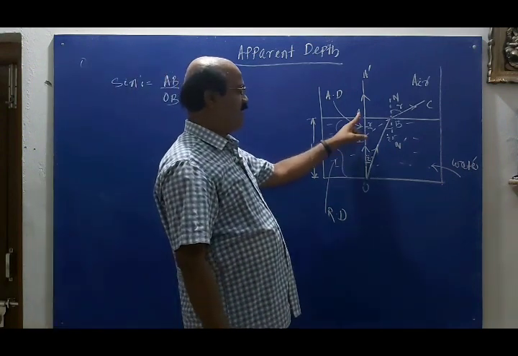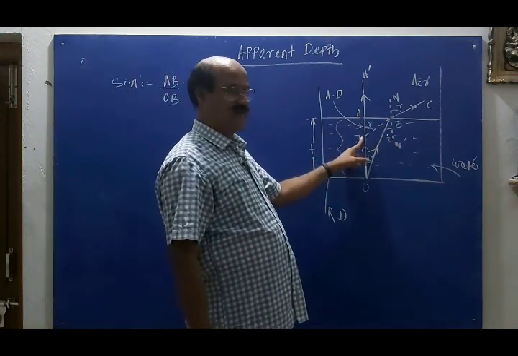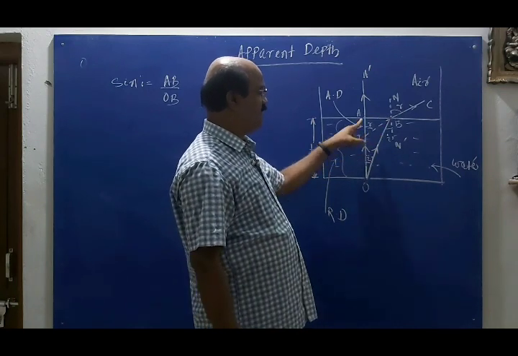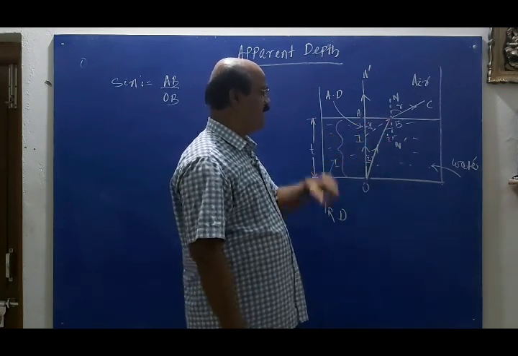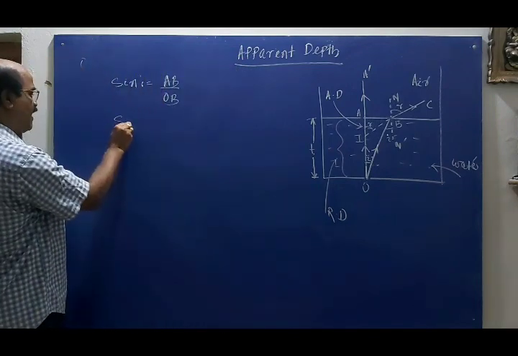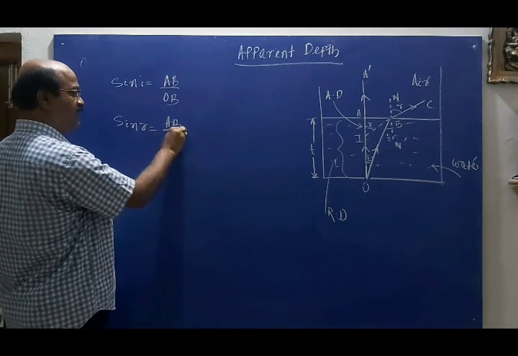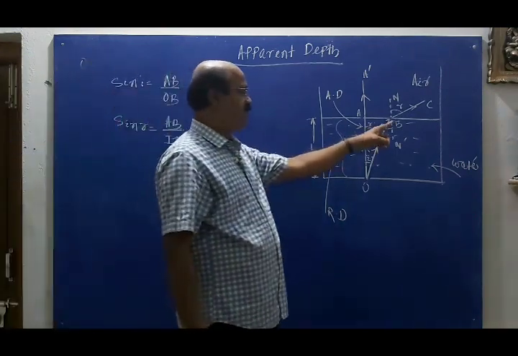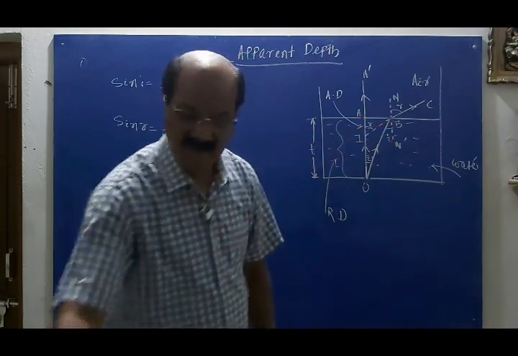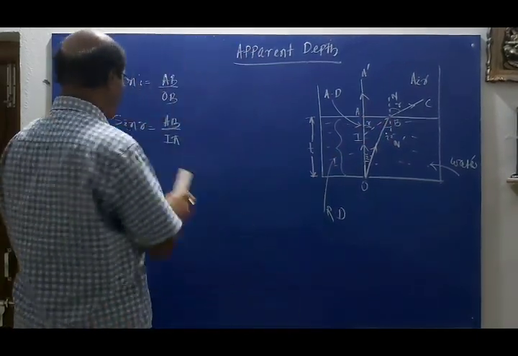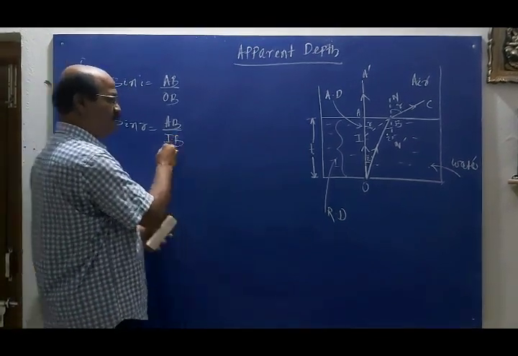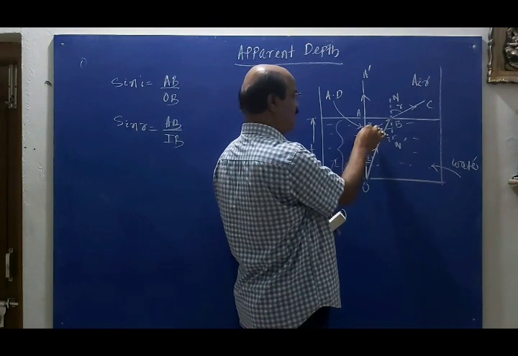In the triangle ABI, sin r equal to P by H. P कोन AB, H टा कोन BI. Sin r equal to AB by IB. Sin r equal to P by H.